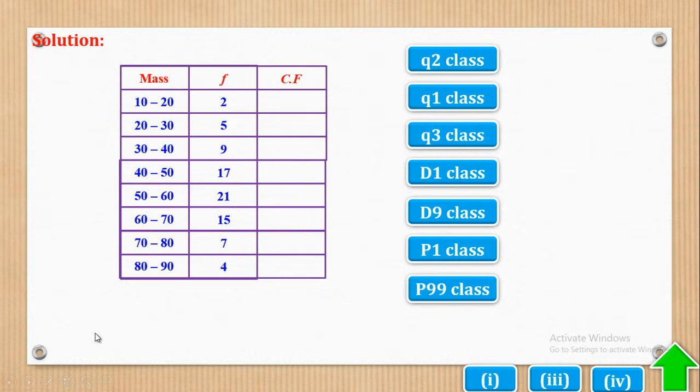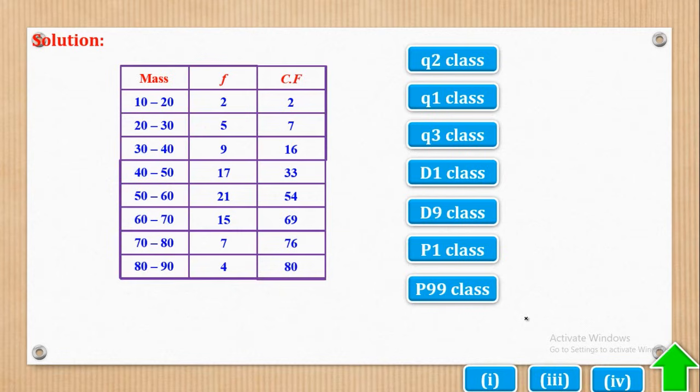The next is cumulative frequency. For cumulative frequency, we keep on adding, therefore we shall get this, put it here, then this plus this gives that, this plus this, this plus this, and so on, like that.